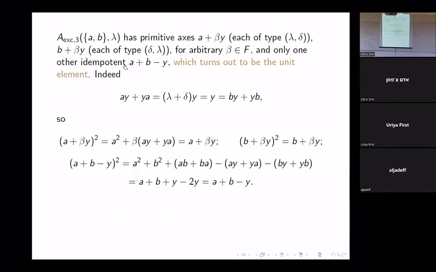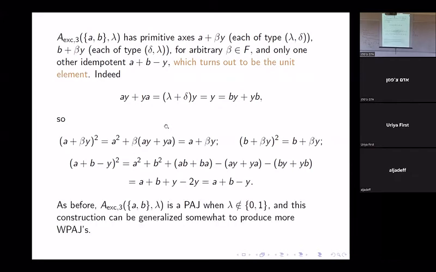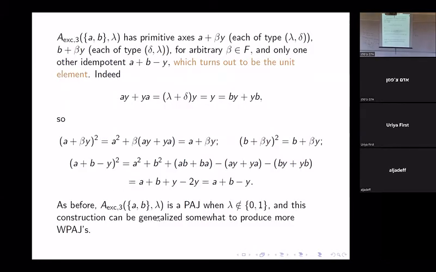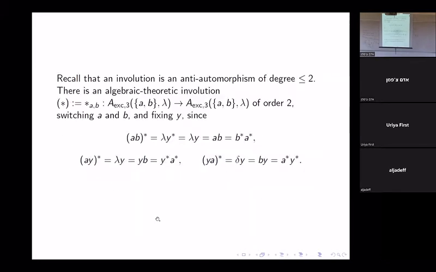And there's only one idempotent. So all the idempotents have either type lambda delta or type delta lambda, except the unit element. This is the proof of that. And you can get more algebras also. But those are the only PAJs generated by 2 elements.